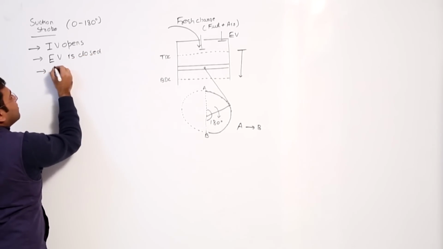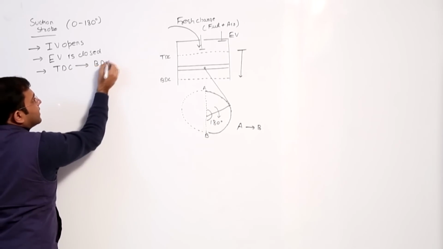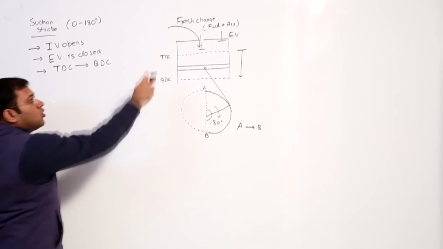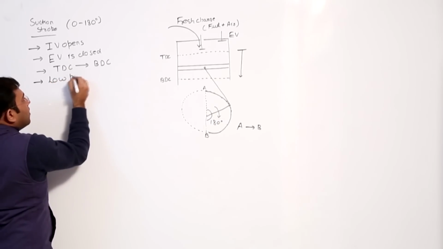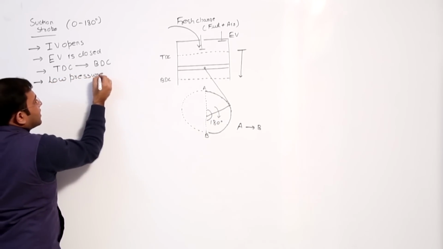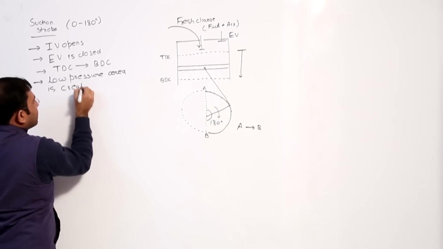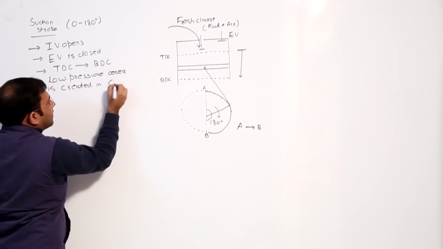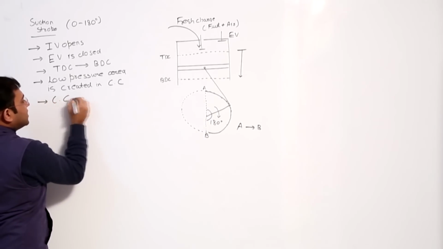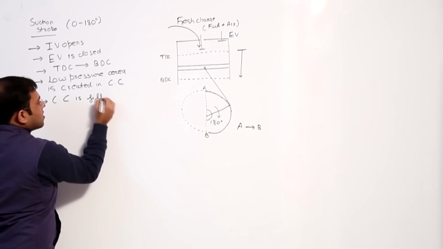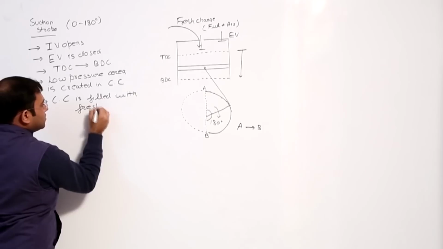During the piston's movement from top dead center to bottom dead center, a low pressure area is created in the combustion chamber, due to which it is filled with fresh charge.